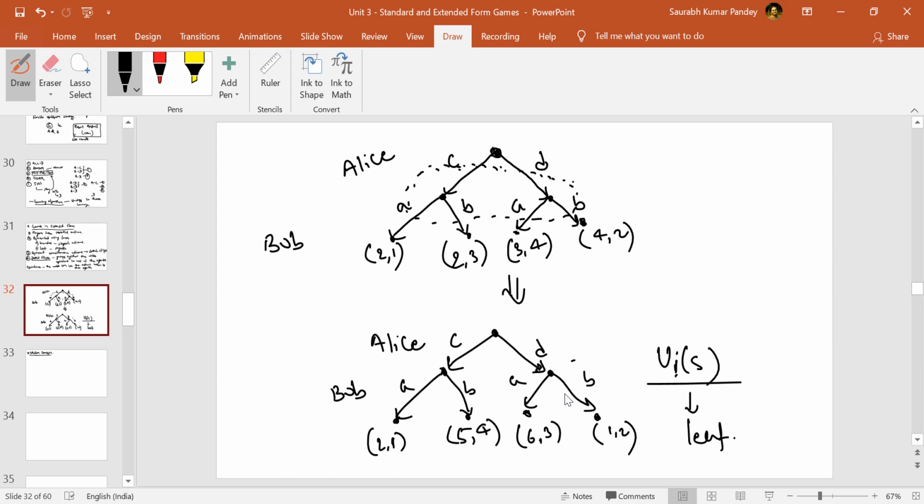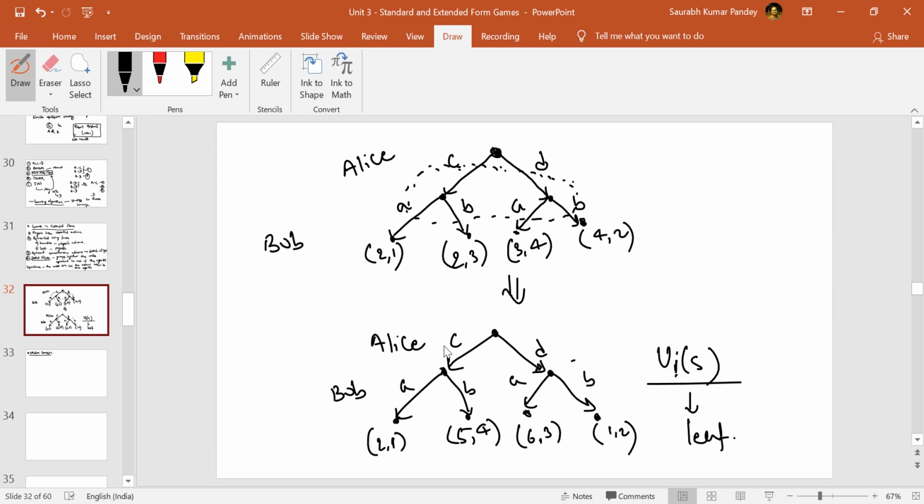Bob was knowing that Alice is supposed to play C, so I should play B. But at the time of playing, something happened and Alice played D and Bob played B. And instead of getting 5-4 as the utilities or payoffs, they get 1-2. Okay. So what is happening over here?